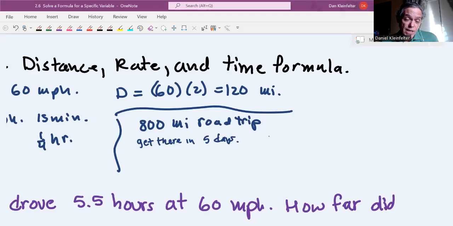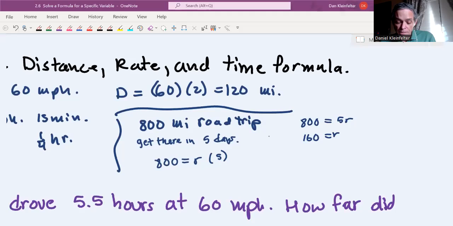How fast should you go each day, or how many miles should you log each day in order to get there in the 5 days? The distance traveled is 800 miles, the rate is unknown this time, and the time is 5 days. So this is a little equation for us to solve. 800 is equal to 5r. Dividing through by 5 will give us 160 for r. You should travel 160 miles per day.